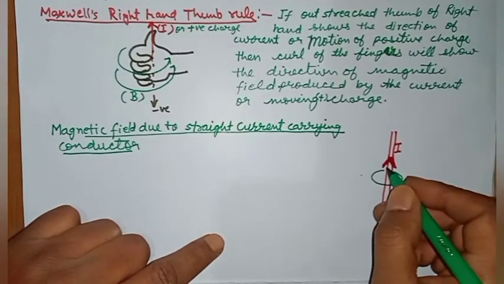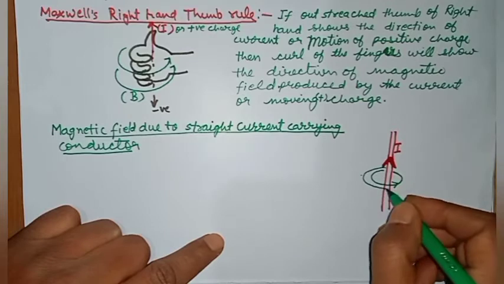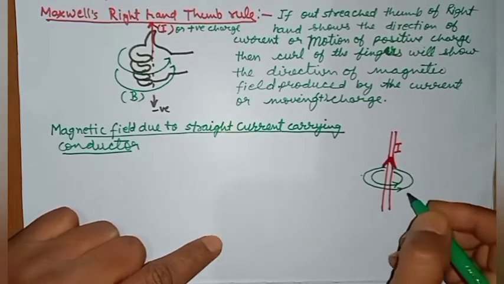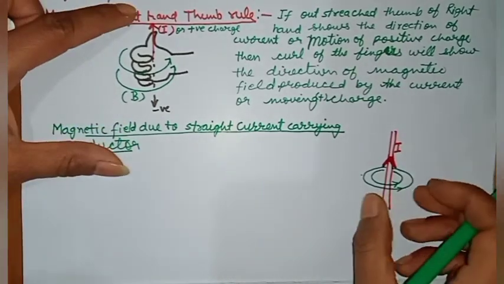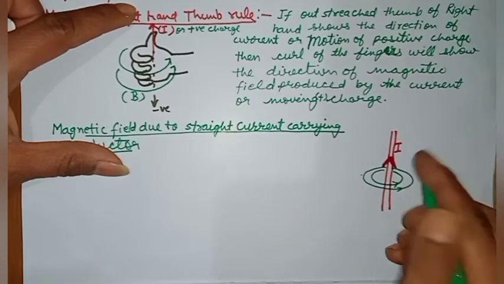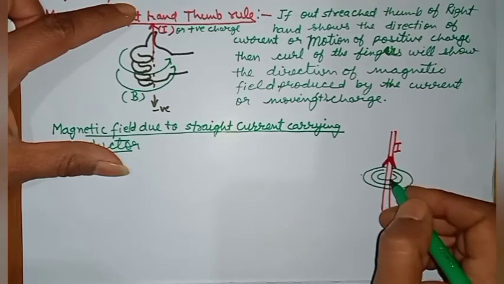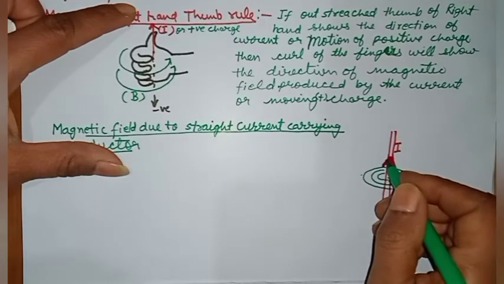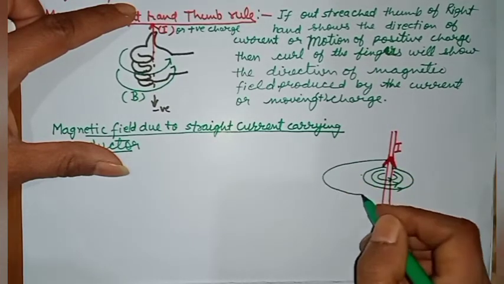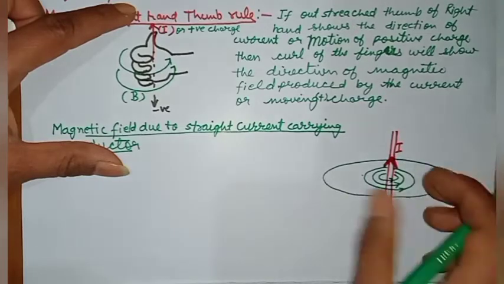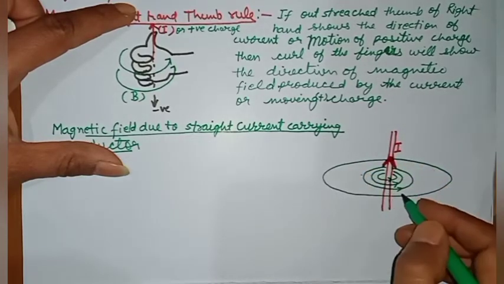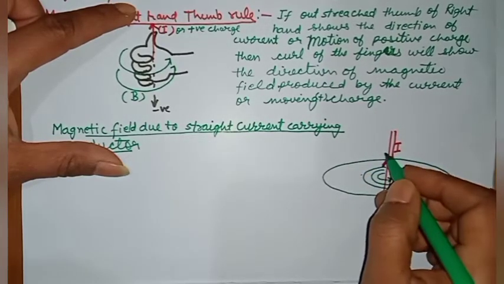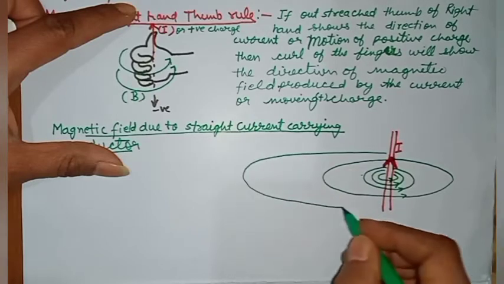So remember one thing. Near the wire, we have to draw magnetic field lines close together, which shows a stronger field. But as we move away from the wire, we have to show that the gap between these magnetic field lines increases even more.